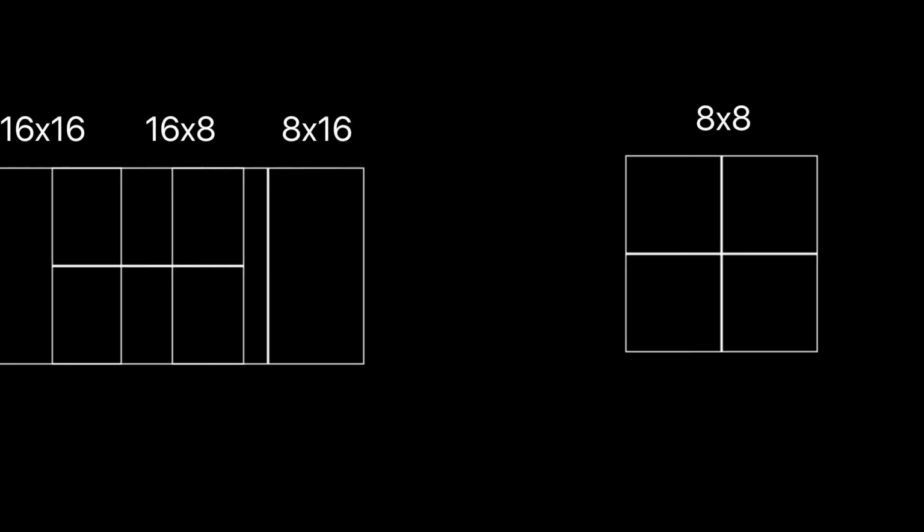We start with 4 main ways to split a macroblock: 16 by 16, 16 by 8, 8 by 16, and 8 by 8. If we pick the 8 by 8 option, each 8 by 8 block can be further divided into 8 by 8, 8 by 4, 4 by 8, or 4 by 4 partitions. Altogether, that adds up to 259 unique partitioning combinations for a macroblock.